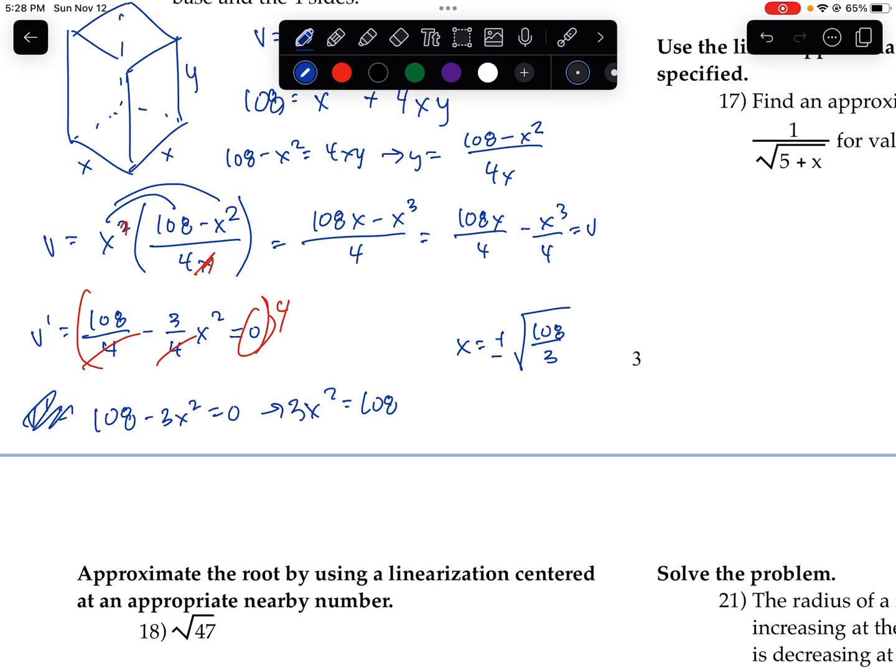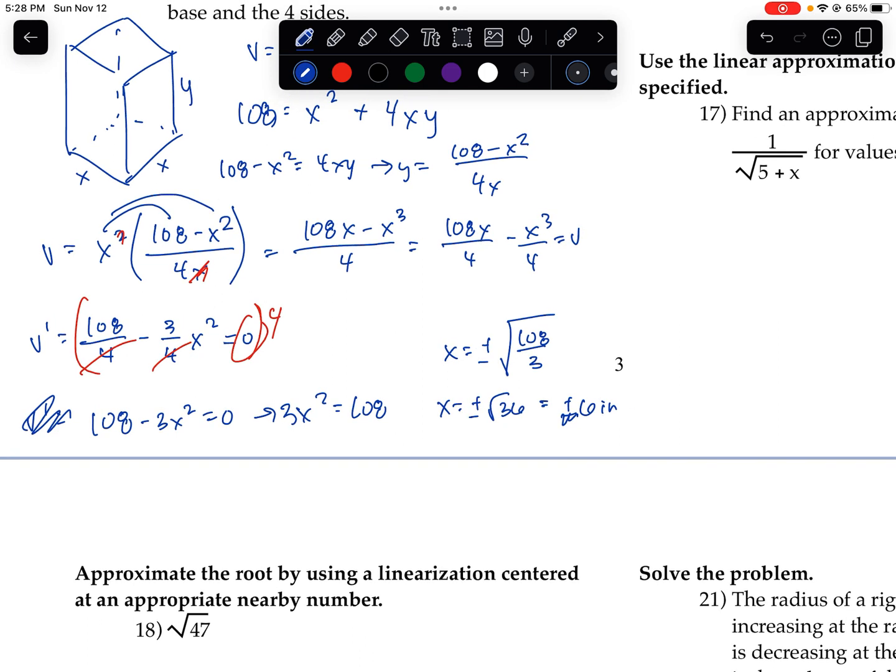That's what I'm trying to think right now. Let me pull up a calculator, sorry guys. So 108 divided by 3, 36. So this becomes x is equal to plus or minus the square root of 36, which we know to be plus or minus 6 inches. Since we can't have negative inches, we're just going to say plus 6 inches.